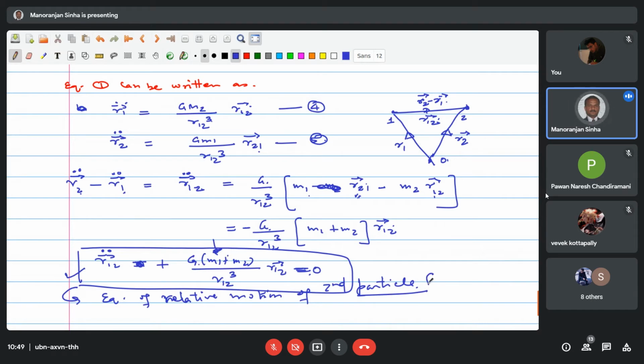So it appears as the changed mass, M1 plus M2. The original mass is not appearing. So this is the modification.